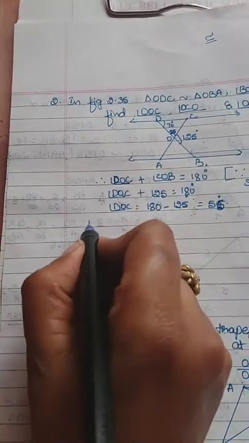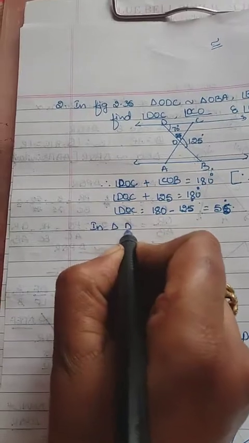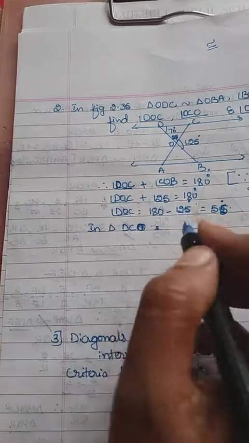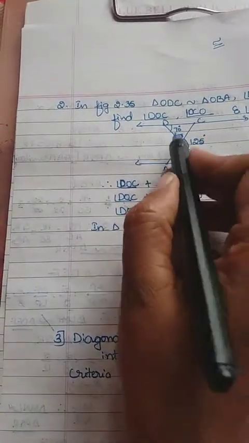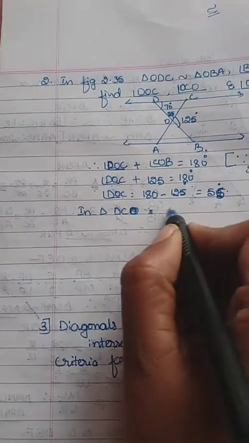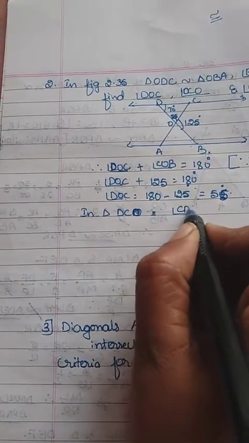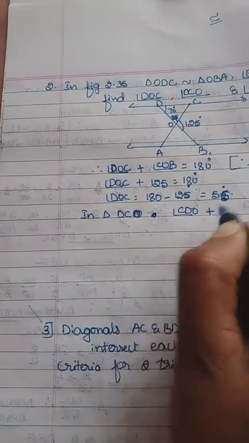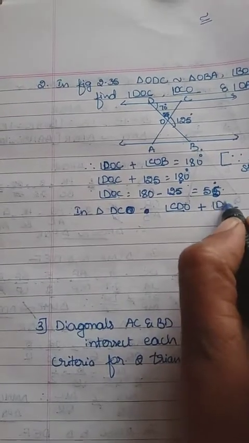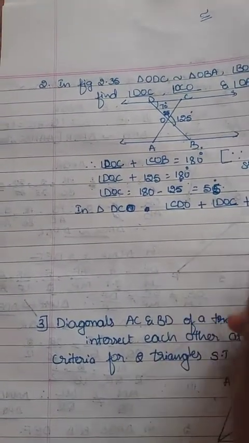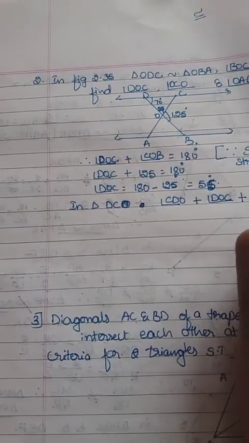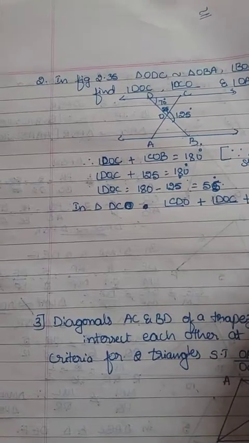The angles in triangle DCO are angle CDO plus angle DOC, or COD, both are same, plus angle DCO, equal to 180 degree.